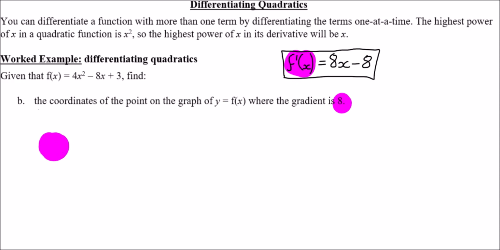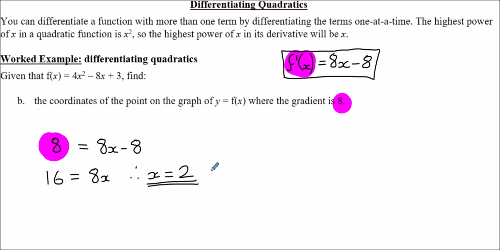And so now if we use this and substitute in f dashed of x is 8, 8 equals 8x minus 8. Now this just becomes a simple equation to solve. So add 8 to both sides, we'll get 16 equals 8x. Therefore, obviously, dividing through by 8 yields that x equals 2.